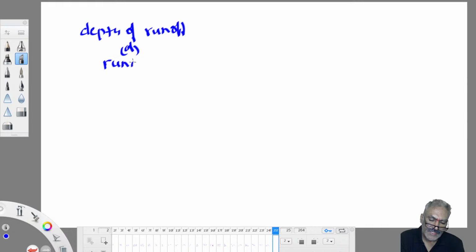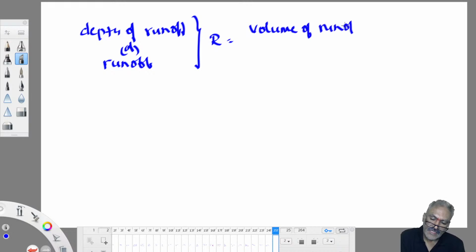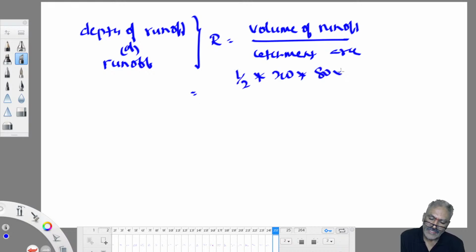Runoff is always expressed in terms of depth. It is equal to volume of runoff by catchment area. It is collected from the catchment. So the volume of runoff we got is half into 200 into 80 into 60 into 60, divided by 1440 into 10 power 6. ESE people are supposed to work out this question without a calculator, that is why simple numerical values are given to you.